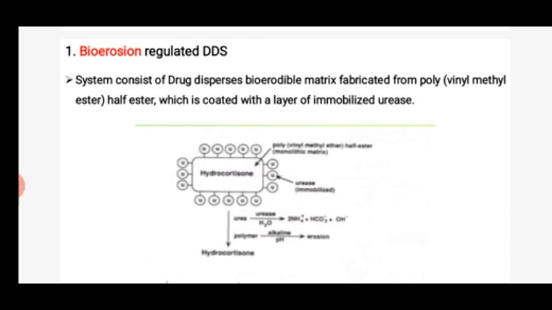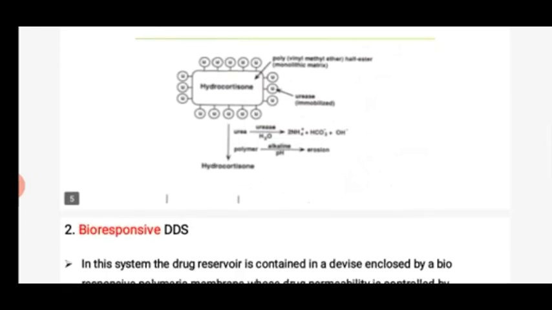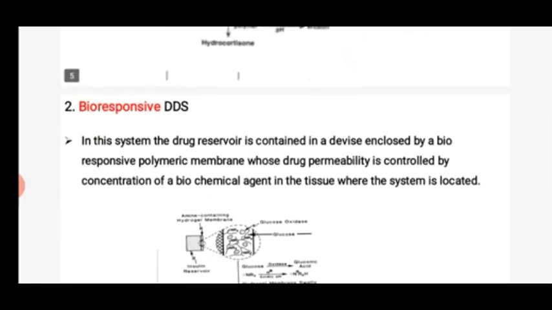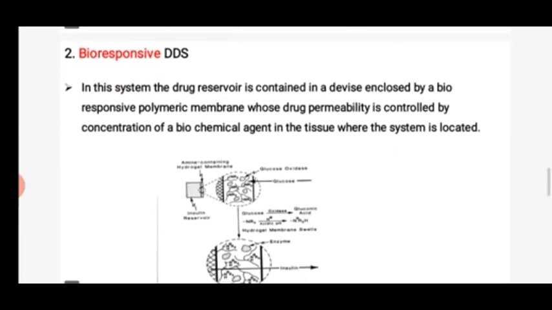This is then further coated with water insoluble polymers such as ethyl cellulose, which forms the rate limiting barrier to control the drug release. So next we see the prodrugs.